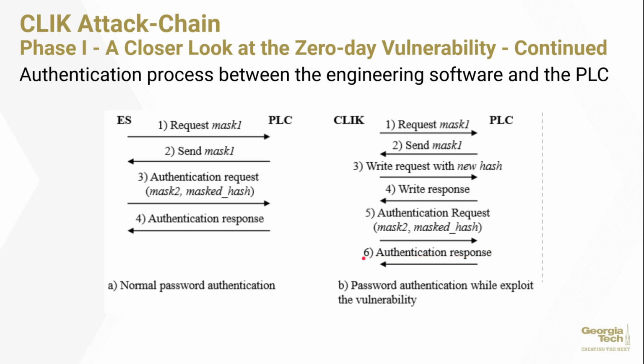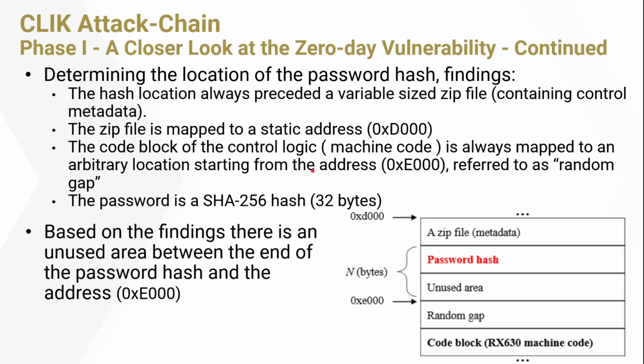So the idea is we're going to write a new hash into the PLC, and if that hash writes directly over where the original hash existed, then the PLC is going to grant CLIK access into the PLC, or more specifically, read access. So determining the location of this password hash comes down to the findings.